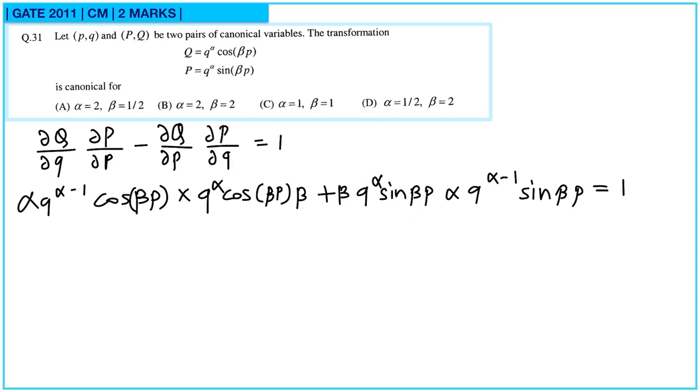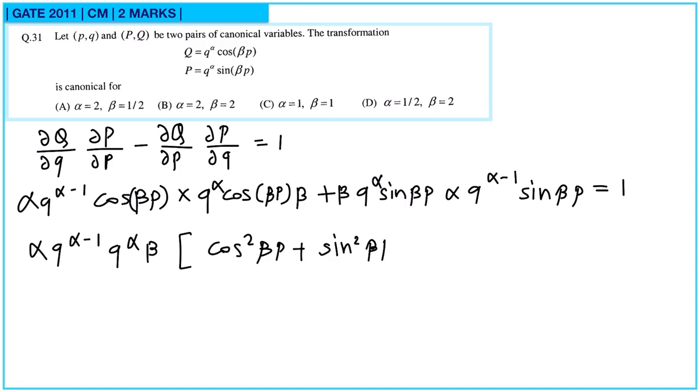So from here we can take alpha, q raised to alpha minus 1, q raised to alpha, and beta common, and we will have cos square beta p plus sin square beta p. This is equal to 1 and this bracket is also equal to 1. So alpha beta into q raised to 2 alpha minus 1 is equal to 1. But on the right hand side we don't have any q term.